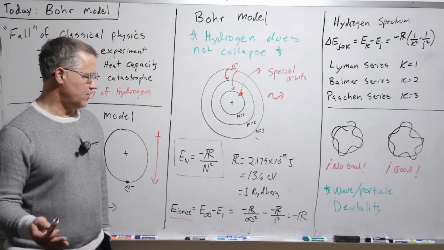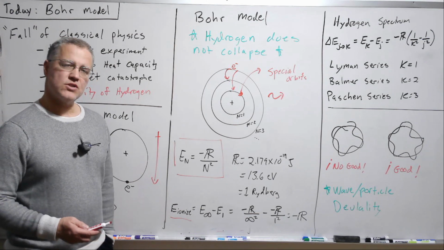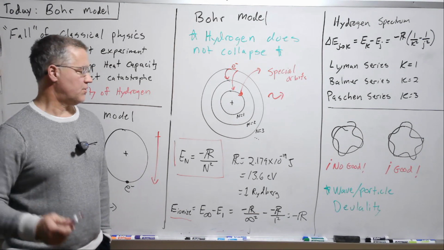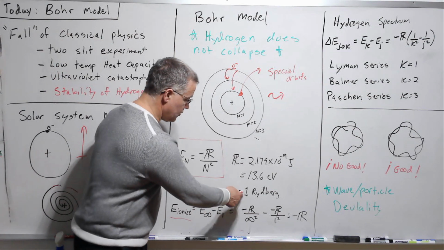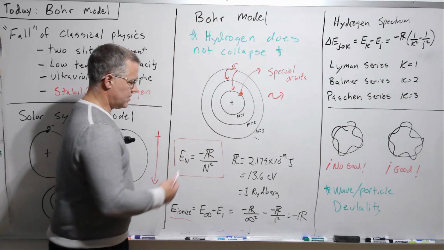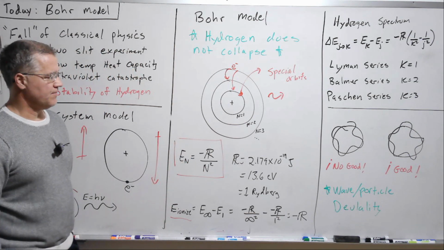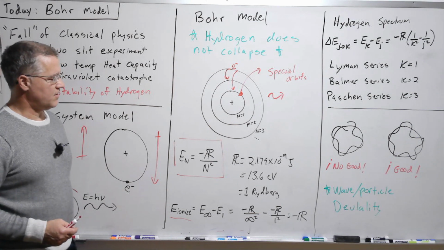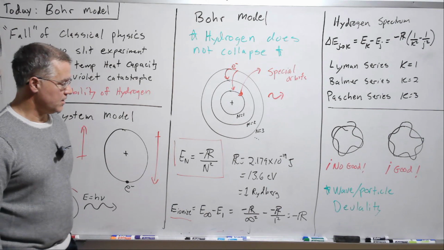More typically, we work in electron volts when we're talking about single atoms. So that is equal to 13.6 eV. And it's equal to 1 Rydberg. In fact, the Rydberg is defined such that that's the value there. So we could either say 1 Rydberg, 13.6 eV, or the ugly number of 2.18 times 10 to the minus 19 joules.